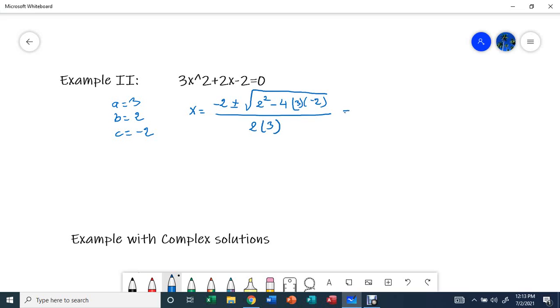Now we can simplify. So negative 2 plus or minus the square root of, here we have 4, and here we have negative 4 times negative 6, which is positive 24, plus 4, it's square root of 28, divided by 6.